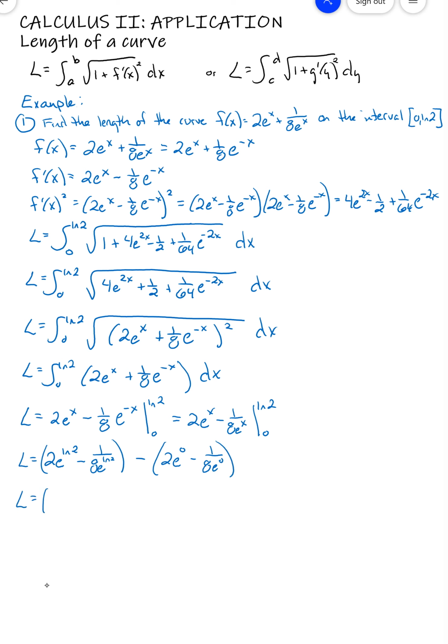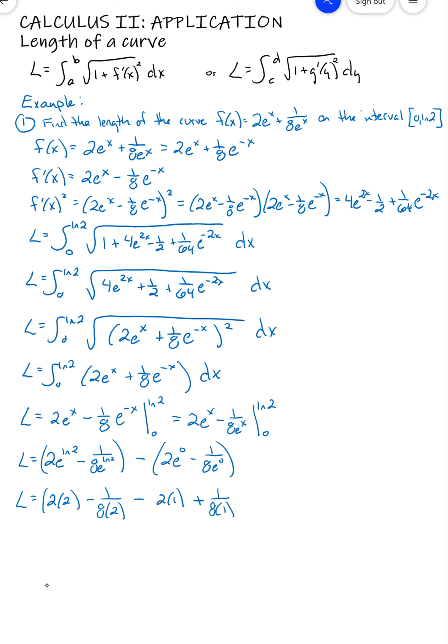Well, e to the natural log of 2, that's just a 2. I'll distribute this negative out as well, so I have minus 2e to the 0, that's just 2 times 1. Again, distributing that negative, I get a plus here in the back, 1 over 8 times 1.